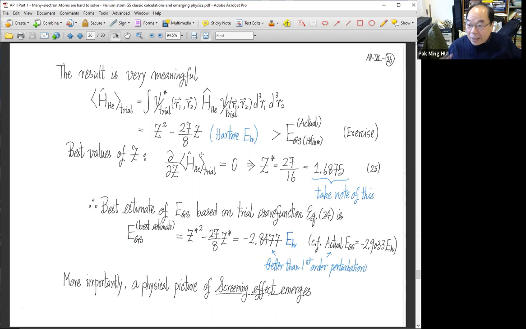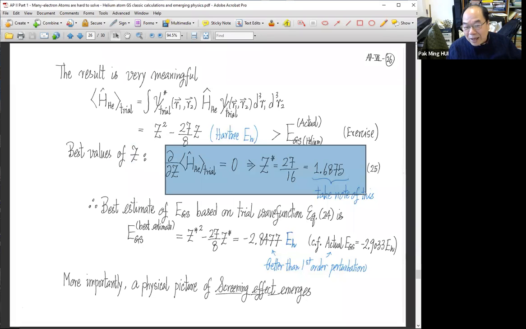Okay, but we are not done yet. We have to get the best value of Z, the parameter. Okay, I shouldn't have an S here. It's the best value of Z. Then I take the derivative, set it to 0. That will be my optimum Z value, and it is also analytically done, 27/16, or a rather bad number, 1.6875.